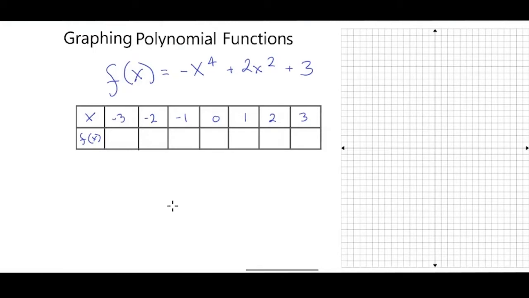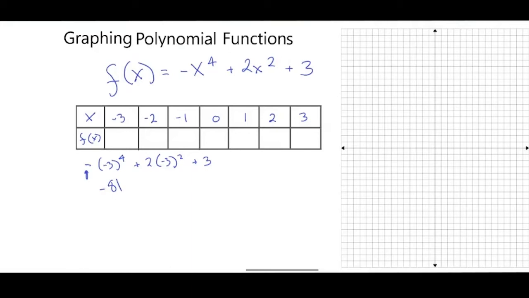So first I'll do -3 to the fourth plus 2 times -3 squared plus 3. Well, -3 times -3 times -3 times -3, that's positive 81, but there's a negative sign here, so this will be negative 81.